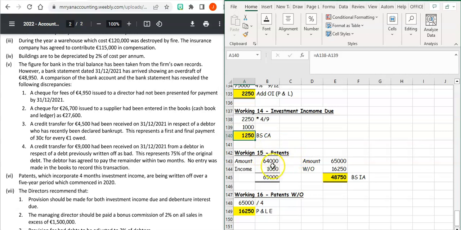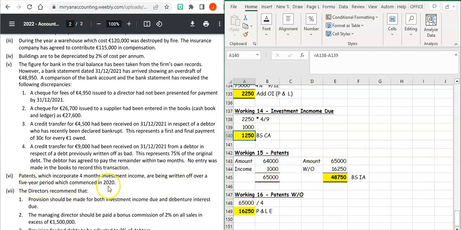Your patents then, so if you take this 1,000 out of our patents, remember patents is an asset, income is an income. So to increase an income, we put it on the credit side. Increase in asset, we put it on the debit side. That's why we're adding on this income of 1,000 to give us 65,000. 65,000 then is written off over a period of 5 years.